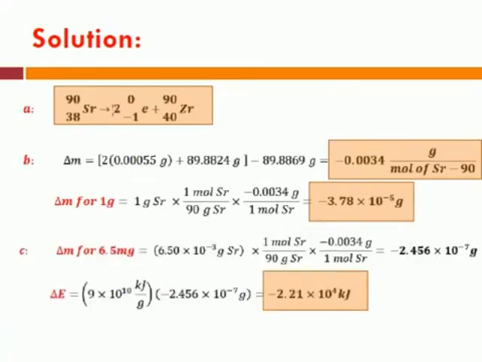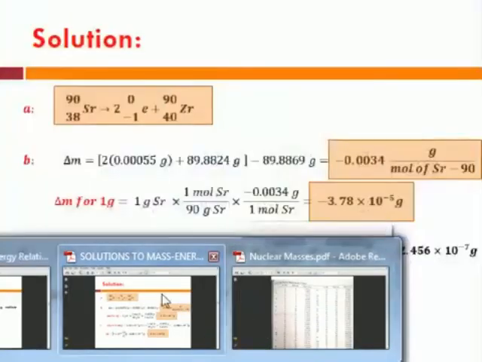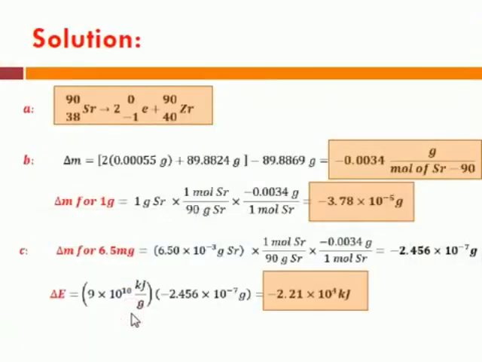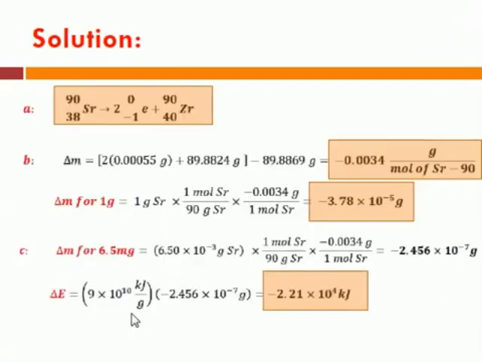Because we have 2 beta particles here, we have to multiply it by 2. Then zirconium-90, given in the problem, we have 89.8824 grams per 1 mole of zirconium-90.